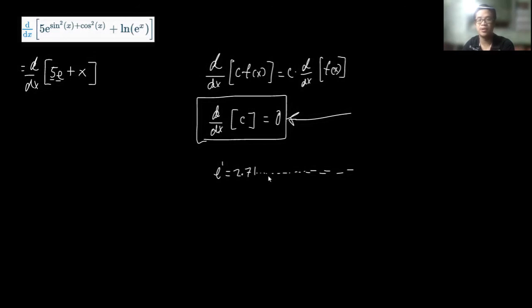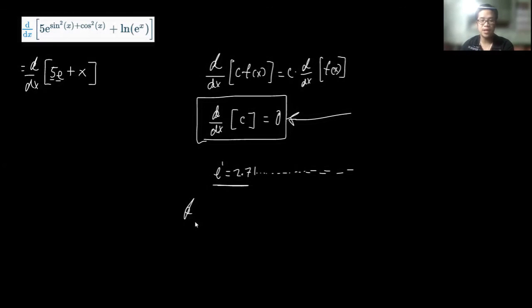The decimal values exist continuously. So this is an irrational number. If it's e raised to x, that's a function. But if it's e raised to a constant number, it could be e raised to 2, e raised to 3, e raised to 1, just like this. That is already a different scenario.